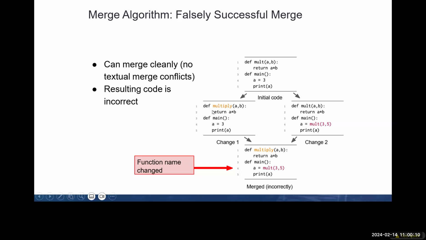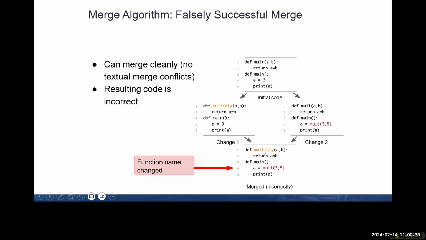Again, two users get this code. The first user changed the name of the function from mult to multiply and kept the rest of the code as it is, and the second user kept the name of the function as it is, the return as it is, but he changed the value of a. So when we are merging, what will be done?